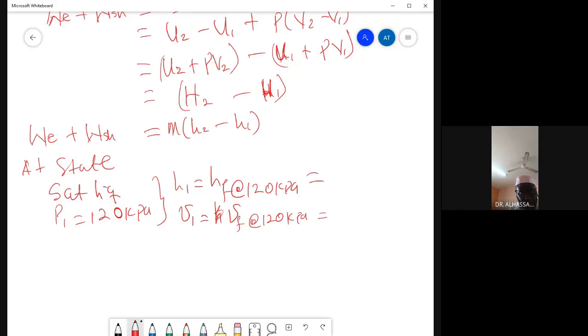From my table, I got 22.49. Okay, so 22.49. Can somebody cross-check for me? Ima, are you there? Yes, sir. Right, 22.49 kilojoules per kilogram.